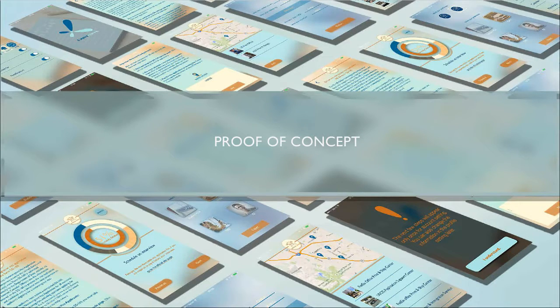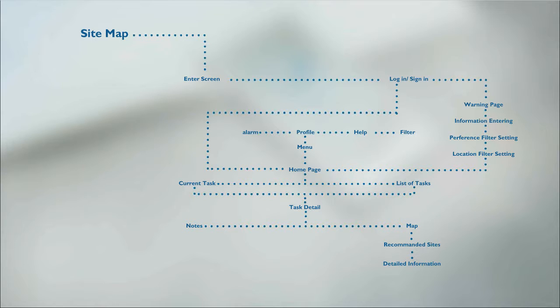Here comes the proof of concept. This is my sitemap. Although it looks a little bit complicated, it is just one root process. I'm trying to keep it really, really simple.